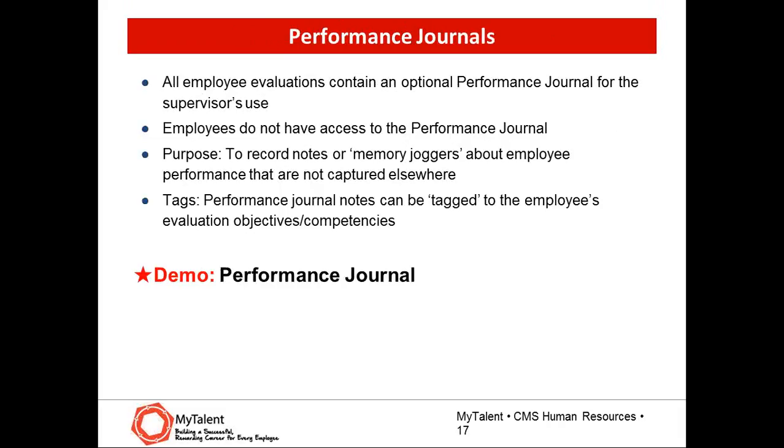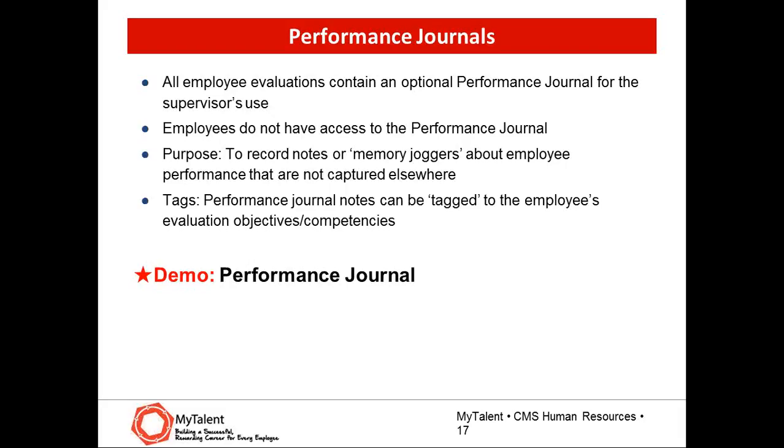We also wanted to remind you of the availability of performance journals for all employees. Employees who have come to training really like the performance journal, and if you haven't been to a training, then you may not have even recognized that there is a performance journal out there. The performance journal is for the supervisor's use.